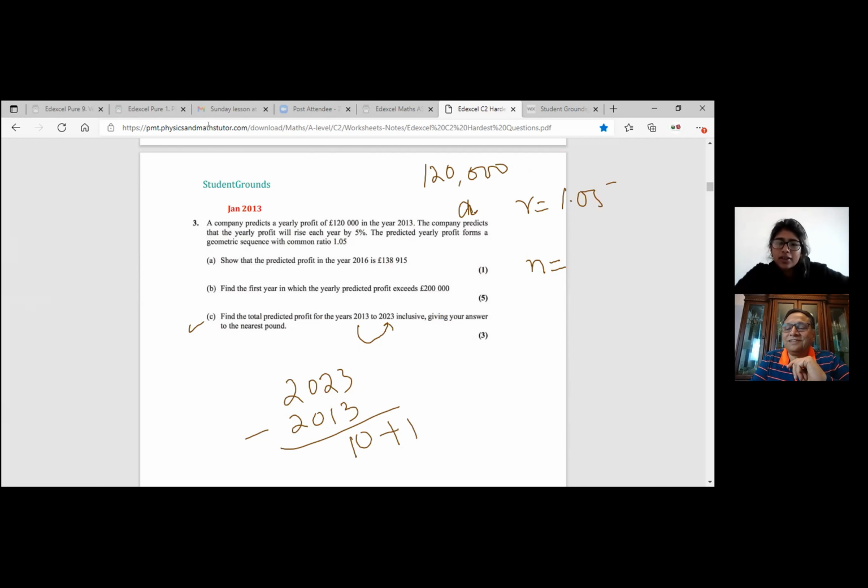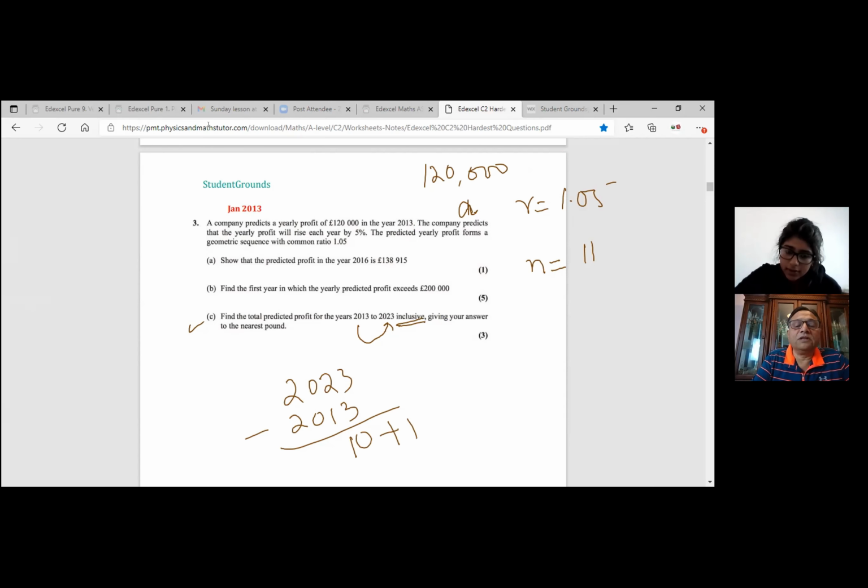When you do this, there are actually 11 terms in this series, so you're using n equals 11 to find the sum. Both 2013 and 2023 are included, since inclusive means including both. So that is 1 more than the difference. Is it okay?